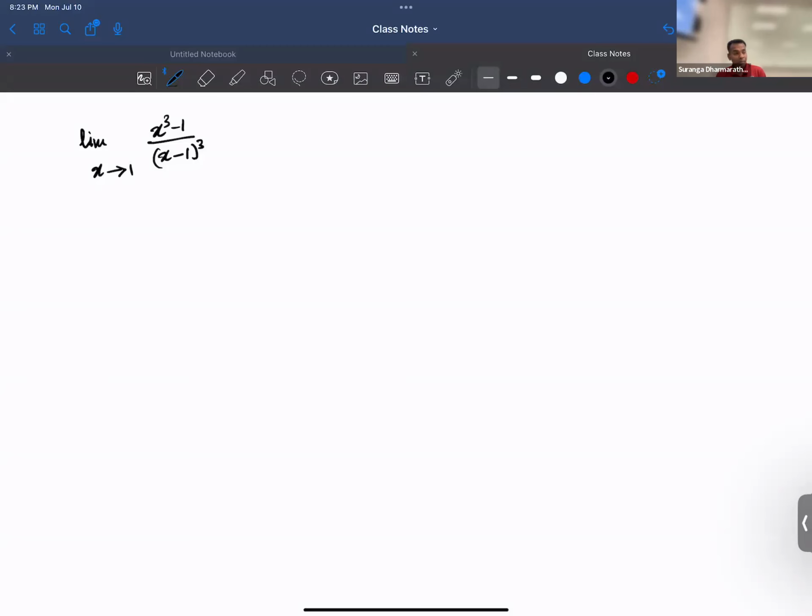Now, when you substitute, this is example 4, okay? When you substitute 1, right? It's going to be an indeterminate case. Why is it indeterminate? Because both numerator and denominator go to 0. Now, what if only the denominator goes to 0?